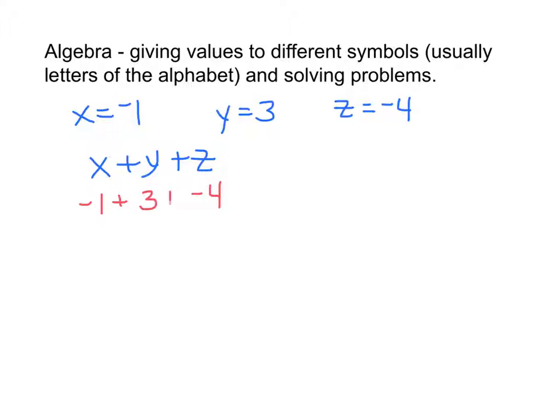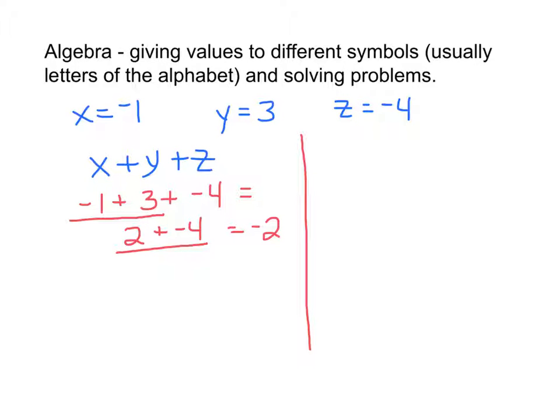And what I'm going to do is add all of those together. So going through and doing this, I'm going to do these two numbers at a time. -1 plus 3 is equal to 2. So now I have 2 plus -4, and 2 plus -4 gives me a final answer of -2.